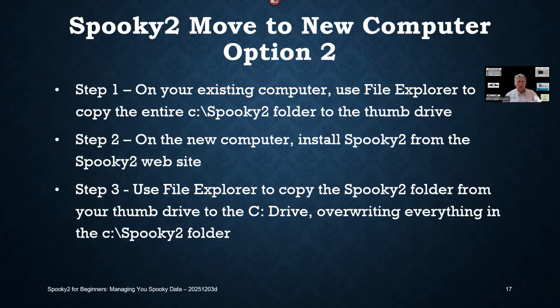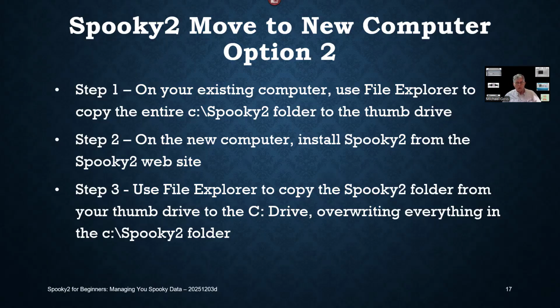Option two is, if you don't have the backup of it, which we did, you can use File Explorer on your old computer to copy all of Spooky2, the whole thing, onto the thumb drive. There's a lot of files. It's going to take a few minutes to do. And then on the new computer, you're going to install Spooky2 from the Spooky2 website.